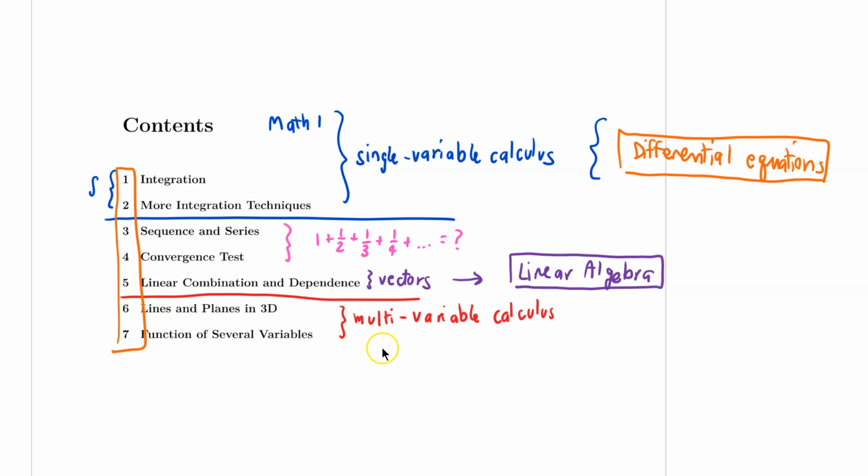And the last 2 lectures here, multi-variable calculus, this is going to be a foundation of what you're going to do in advanced calculus. So here's the big picture of what we're going to do for this half of Math 2 and how they fit into the big picture of things.